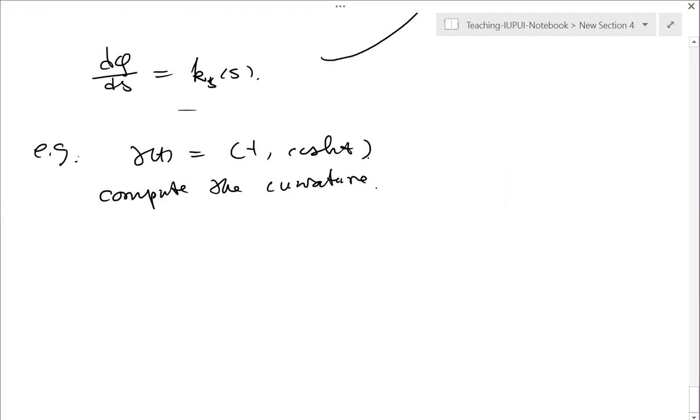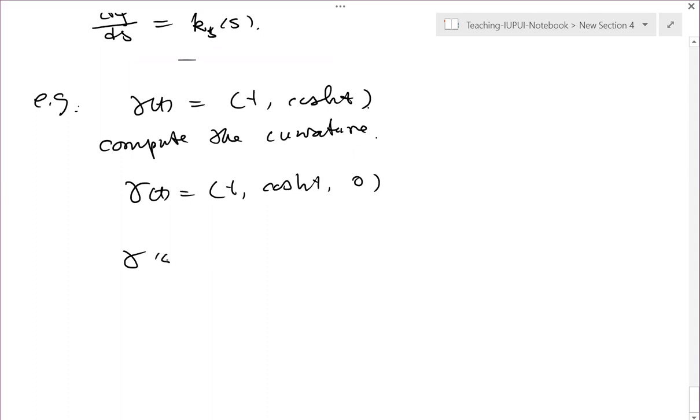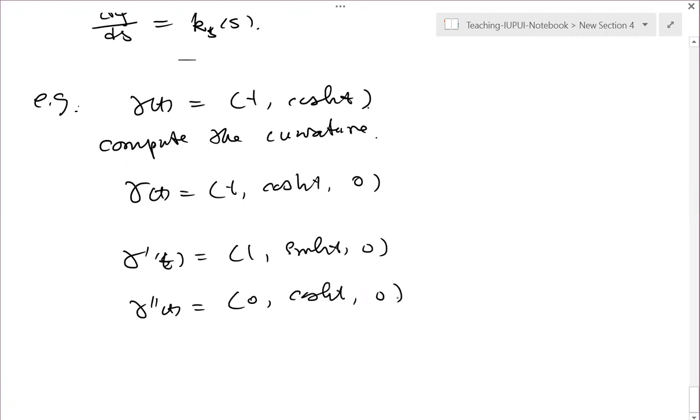Let's compute the curvature. I'm going to modify this and view it as a curve in three-dimensional space. Then you can talk about the cross product. So gamma prime equals (1, hyperbolic sine t, 0), and gamma double prime is going to be (0, hyperbolic cosine t, 0).